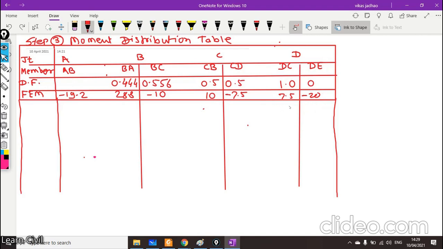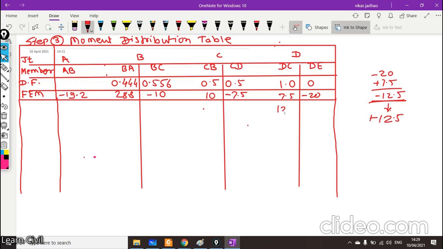So we have to apply a balancing moment of plus 12.5 at joint D, then this will be balanced.